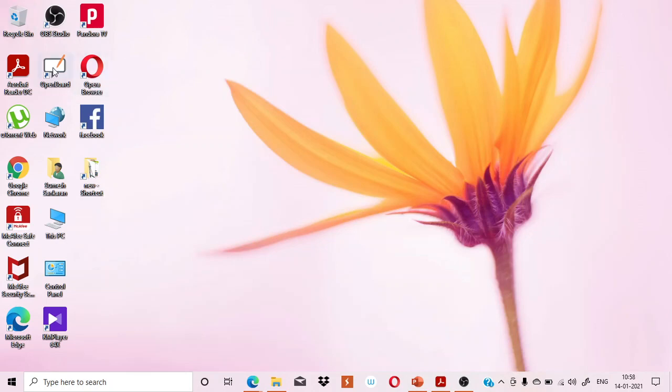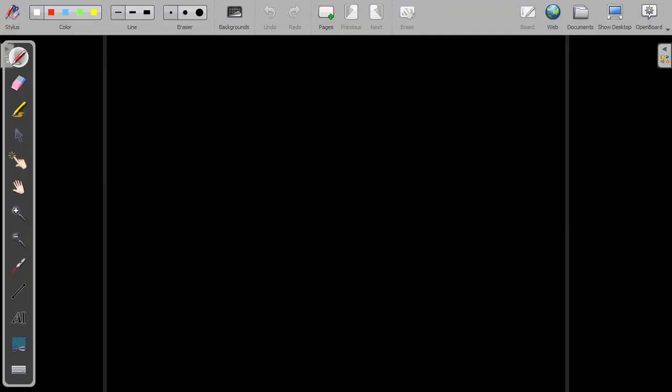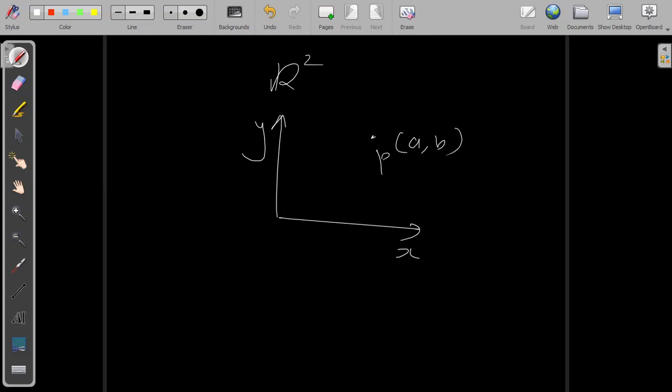Length of a vector defined in R2 and R3. Length of a vector defined in R2. That means this is R2, and we have x and y axes and a point P with coordinates (a, b).